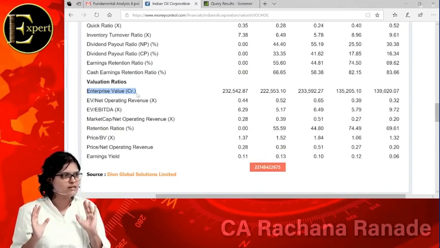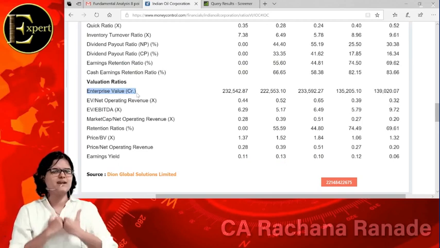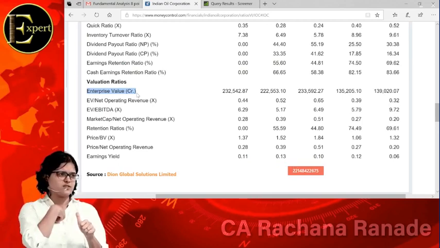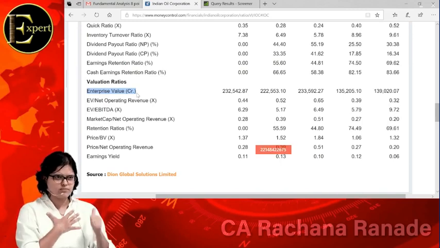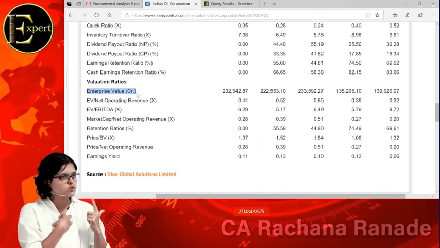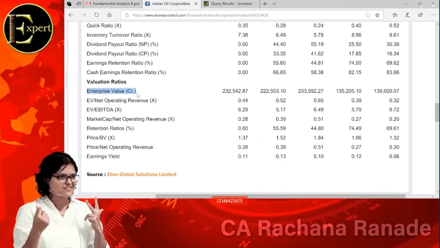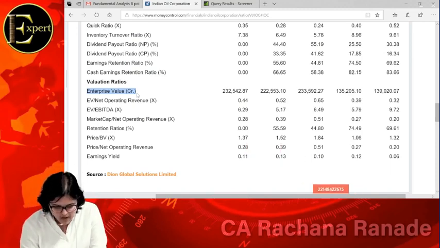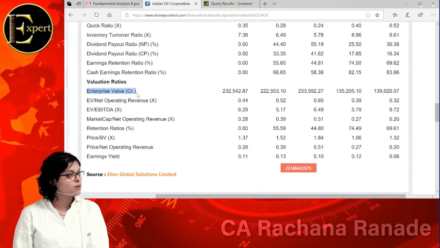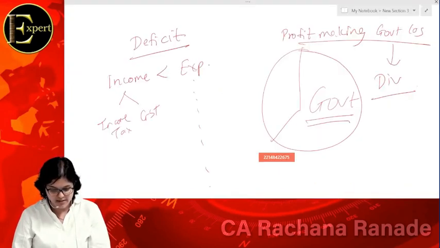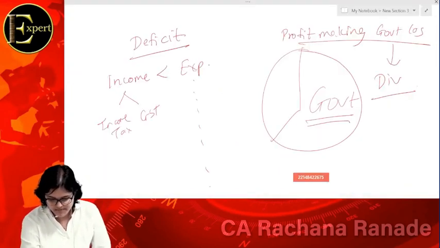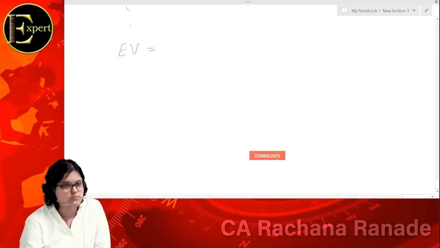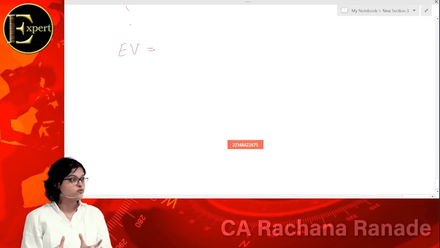Understand? One last time. If I were to buy a company in entirety, what do I get? Number one, I get the entire shares first. All shares are mine now. Number two, all the loans are also mine, but all the cash and cash equivalent is also mine. So if I were to calculate the enterprise value of any company, how would I calculate it? As a formula, enterprise value will be equal to the value of total shares of the company.